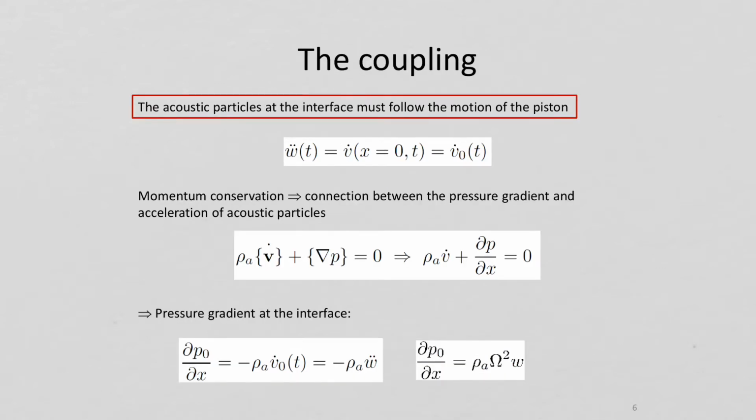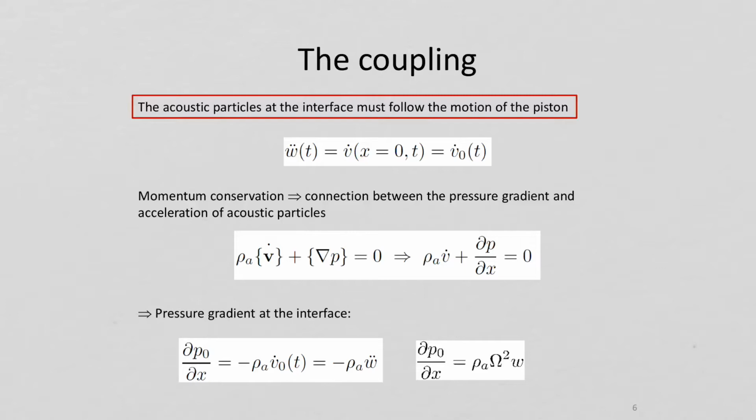To do that, we go right ahead and study the coupling to the mechanical vibrations. There will be two coupling conditions that we have to enforce, and the first coupling condition expresses how the mechanical vibrations affect the acoustic medium.